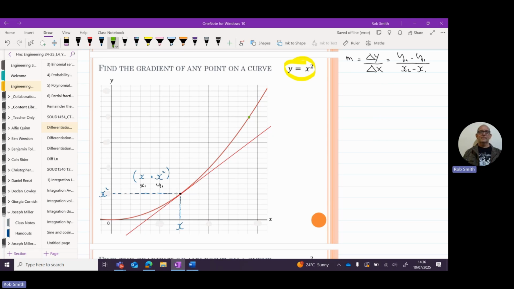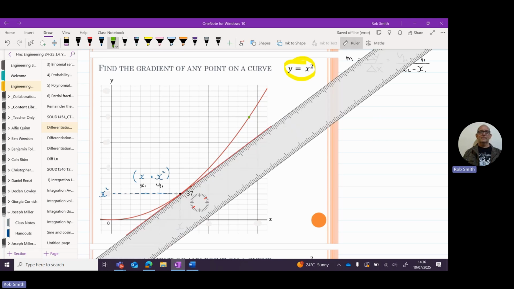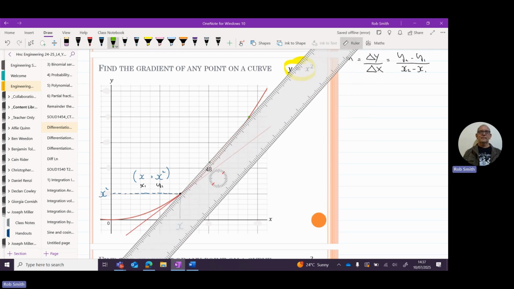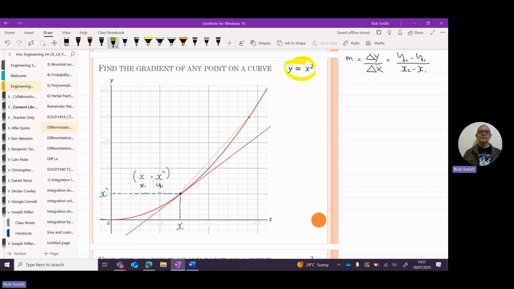Let me see what that gradient looks like if I connect the black dot and the green dot together, because this is going to be the estimate of the gradient of the curve. It is out, but it's an estimate, and we're going to see later on how we improve that estimate.